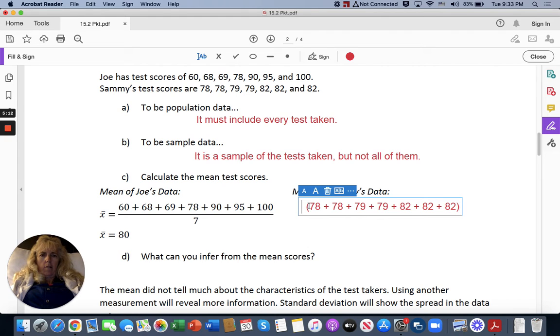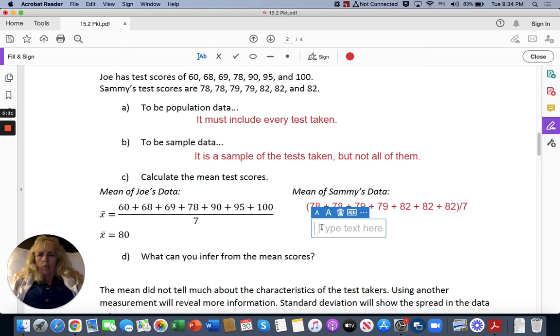And we're going to take all of that and we are going to divide by 7. So we have 278, 279, 382 divided by 7. Okay? Now, we're going to say mean, or you can draw the x bar for x, and I don't know how to do the x bar on this, equals, we add them all together, divide by 7, and we get 80.